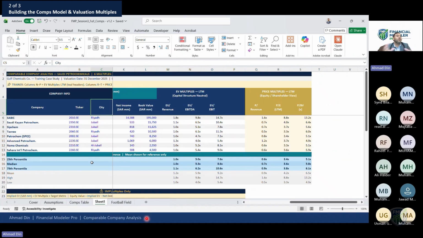We use 8 companies, and on those 8 companies, these are our lower multiple and high multiple. Just by looking at the slide, it gives an idea to the user of what is going on in the industry. That's why we calculate every level. Okay. So here we have calculated all multiples on that basis.